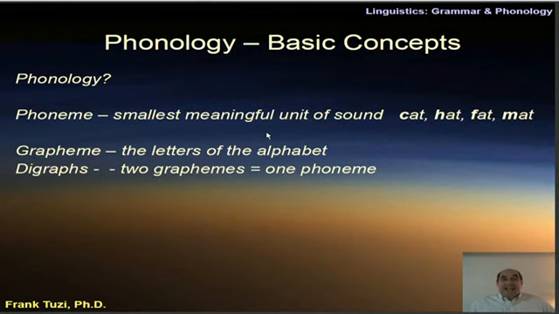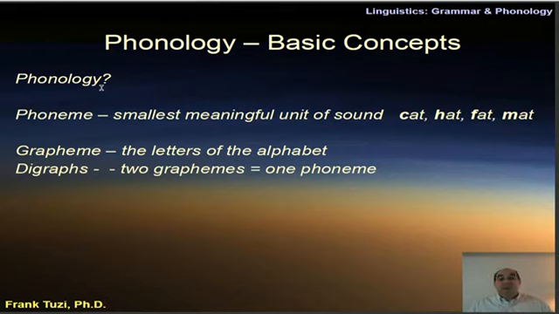Phonology, what is it? If you know a little bit about etymology, phonology: ology means the study of, and phono is sound. Phonology is the study of the sound systems, and that's what we're going to be looking at. We're going to be looking at the English sound system in particular, although we will be playing with the International Phonetic Alphabet.